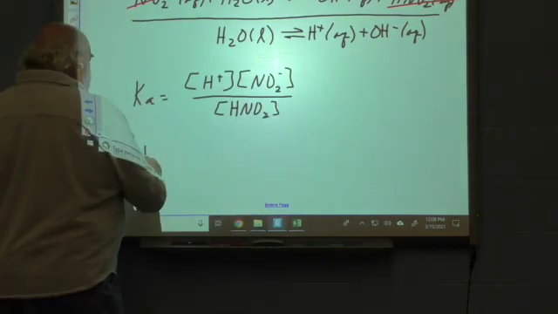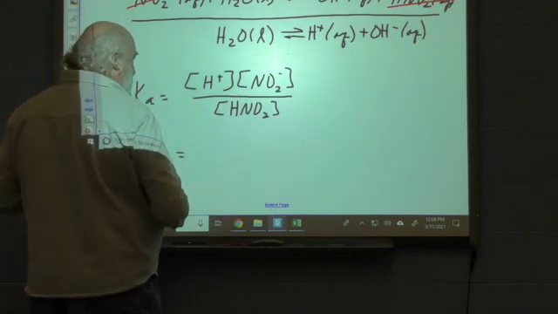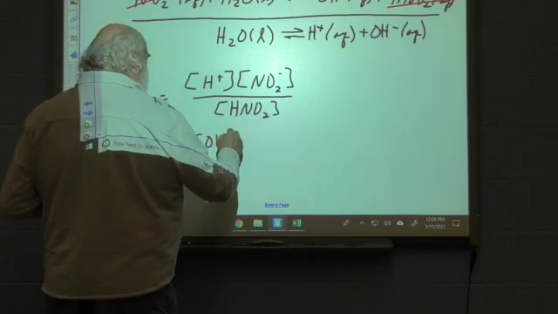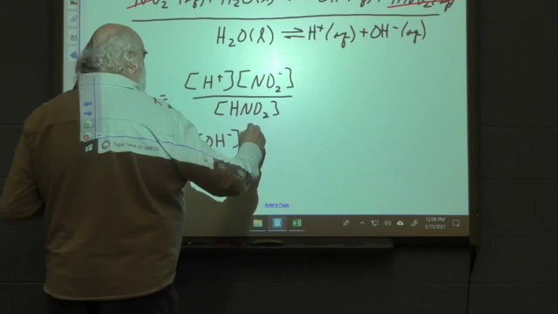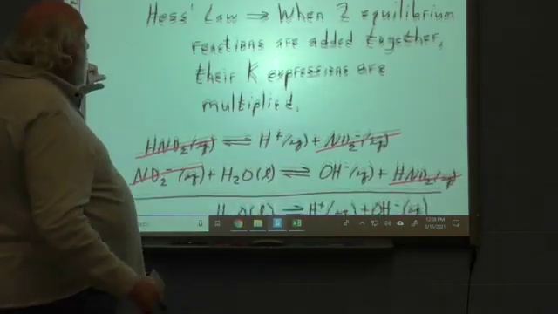And then we said Kb was equal to the concentration of hydroxide times the concentration of, what else we had?